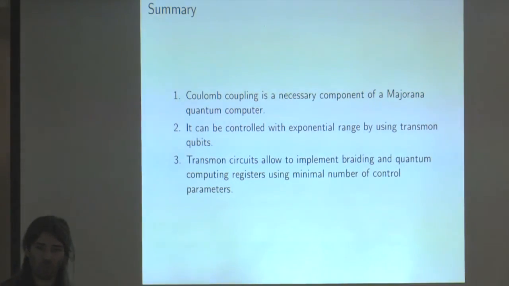So when one speaks about topological protection of Majorana fermions, one usually considers the splitting of the states as a function of distance between the Majoranas. Superconducting circuits allow to control terms in a Hamiltonian within an exponential range in a completely different way.